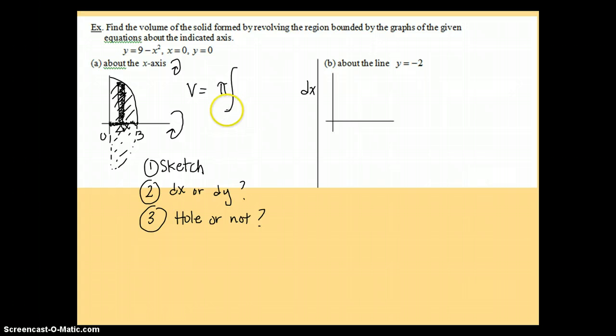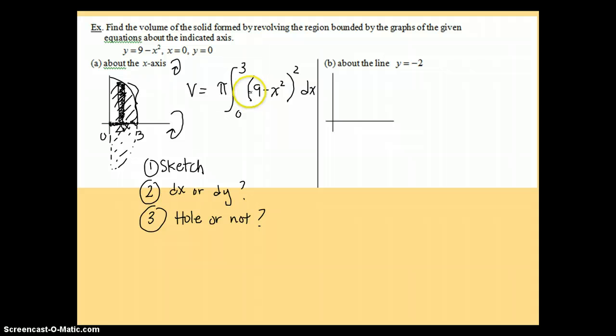So we're just going to deal with one radius value, which will be the value of that height there. We're going to start at 0 and end at 3, left-hand side to right-hand side. And then our radius is going to be our function, 9 minus x squared.